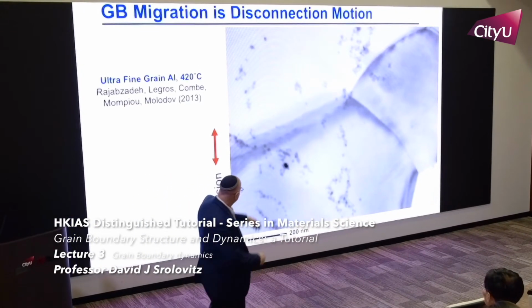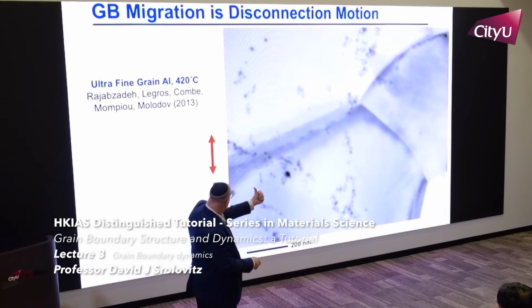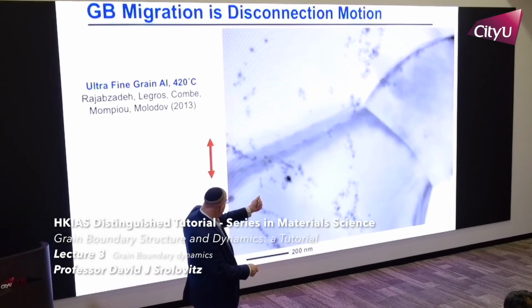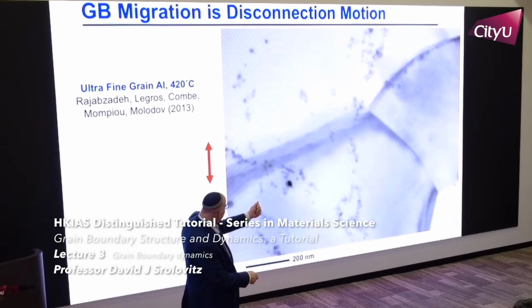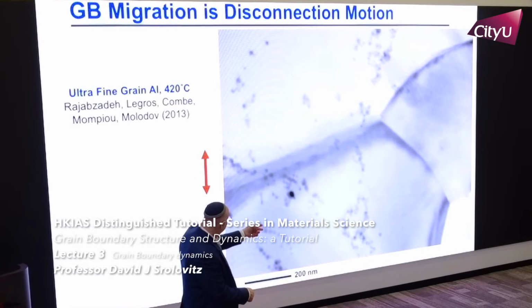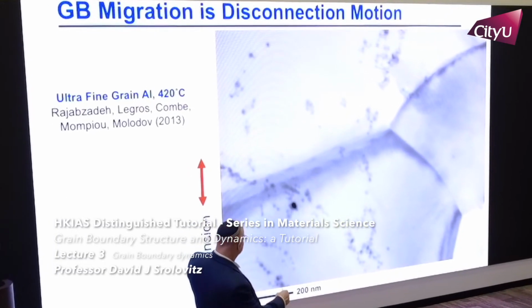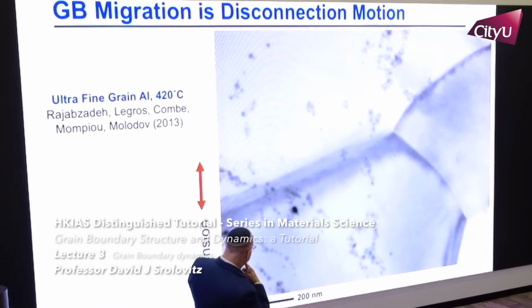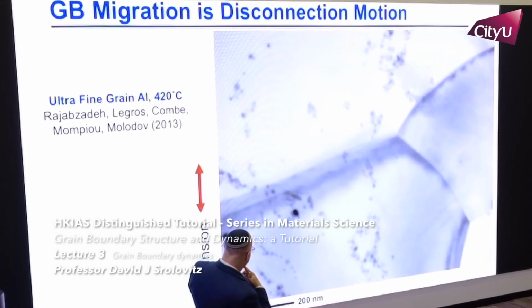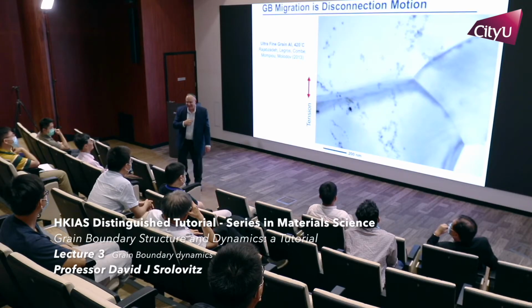So you can see them all moving along here in that direction. If you keep watching, you eventually start to see disconnections going the other direction. Oh, maybe not in this movie.